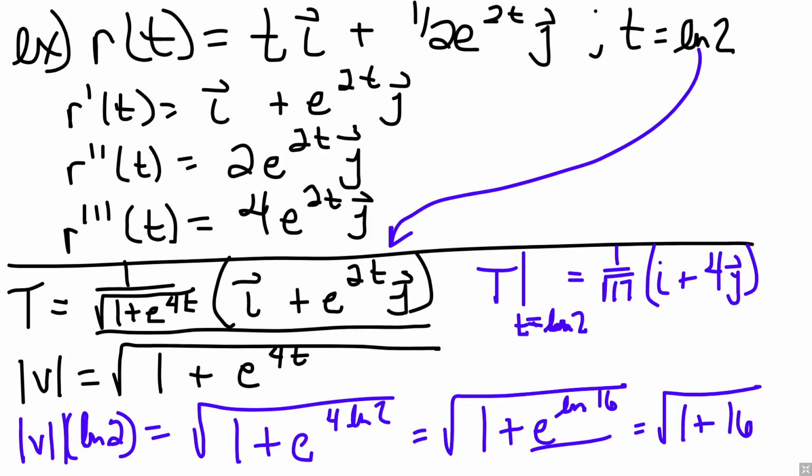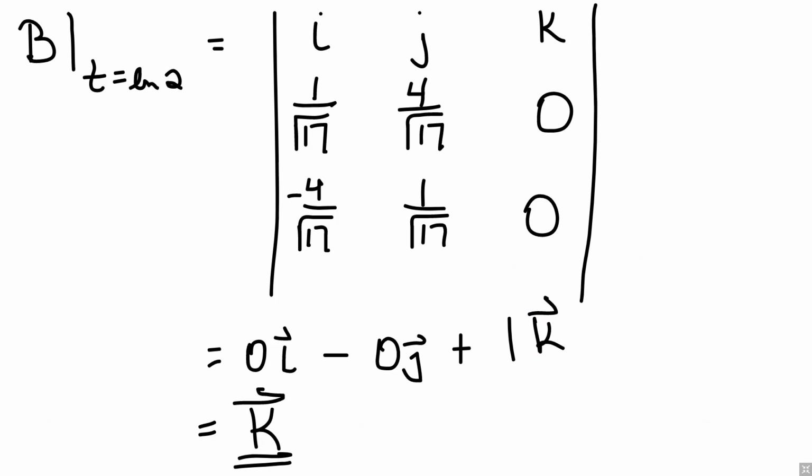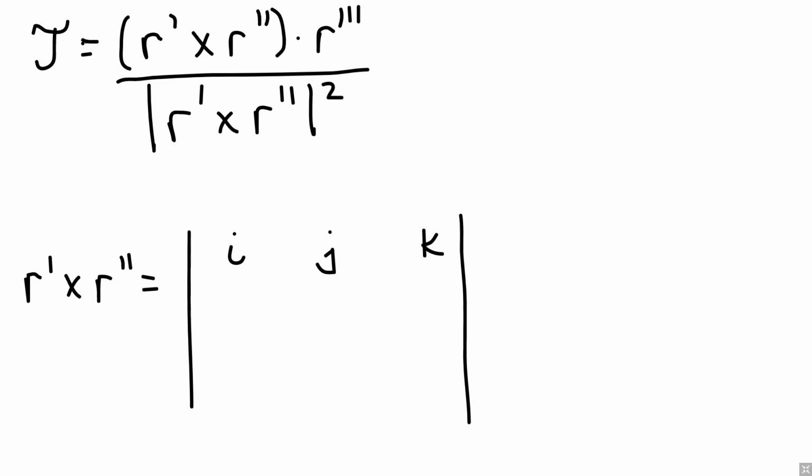So we're going to have 1 plus e to the 2t, then 2e and 2e to the 2t and 4e to the 2t. So we have 1, e to the 2t, 0, then 0, 2e to the 2t, 0, and that's it.